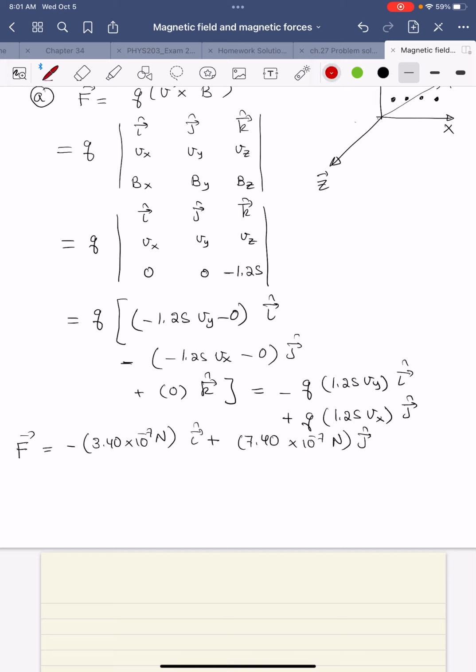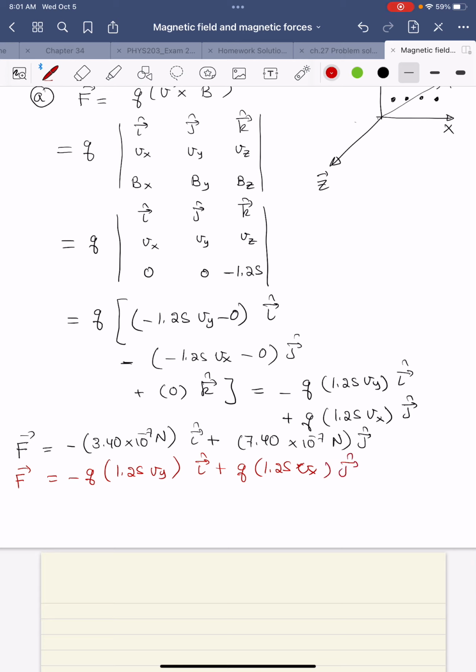If I compare this with the one that I got from the cross product, I have here negative Q 1.25 Vy i plus Q 1.25 Vx j.